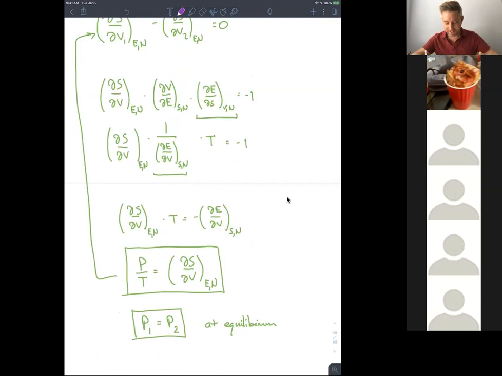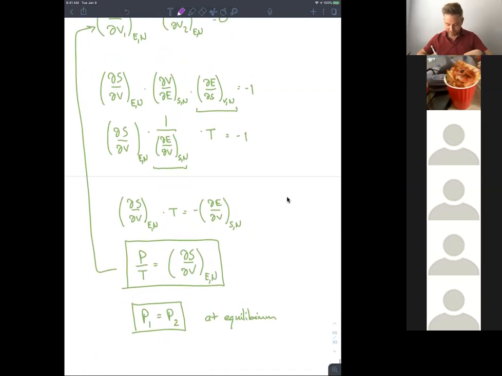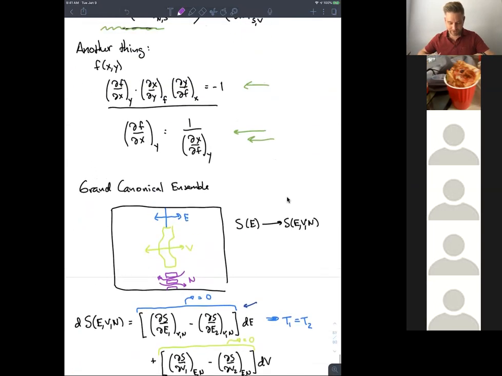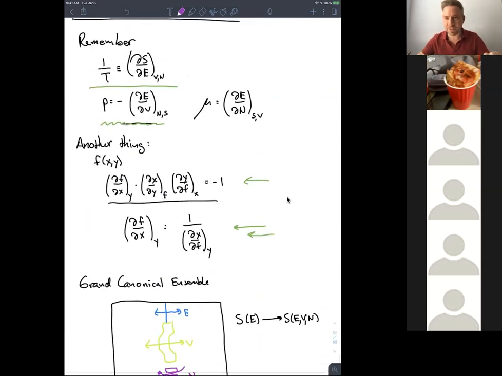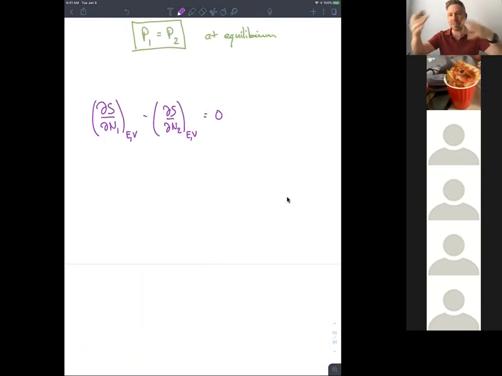You just go back and do exactly the same business again. Again, if you compare it to our relationships from classical thermodynamics, what that last condition is going to give you if you repeat this whole business is that the chemical potentials on both sides are going to have to be the same.